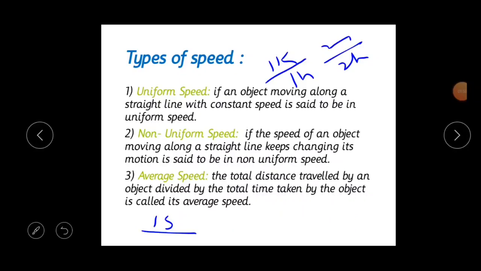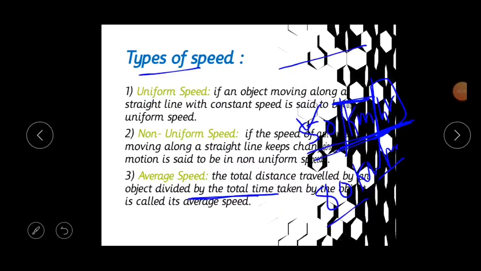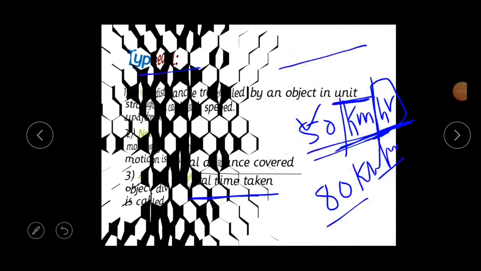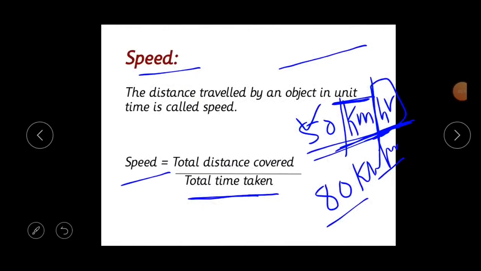Okay. Next, the third one is average speed. The total distance traveled by an object divided by the total time taken by the object is called its average speed. Average speed is nothing but the formula of speed, which is what we use to calculate the speed.